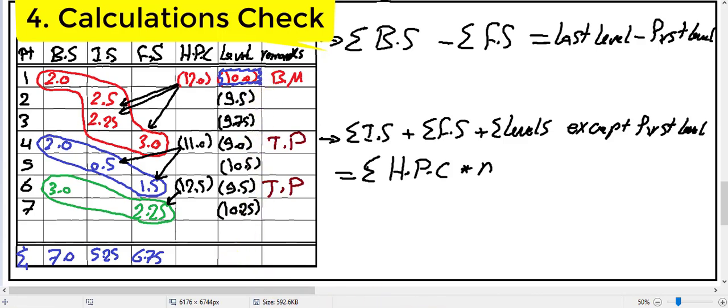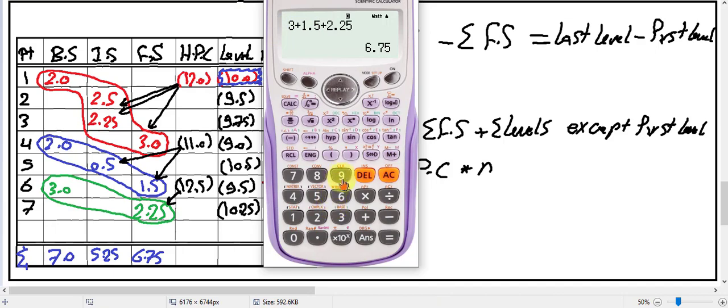The summation of levels except the first one is 9.5 plus 9.75 plus 9 plus 10.5 plus 9.5 plus 10.25, which equals 58.5.